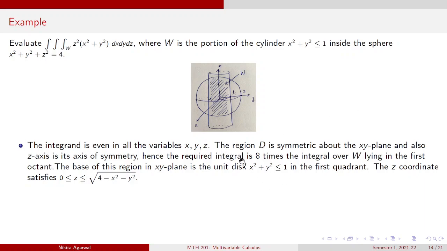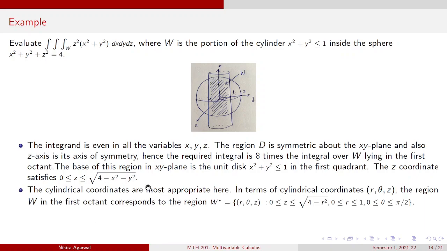Now, in the xy plane, what is the region? It's x square plus y square less than or equal to 1, right? And the z coordinate goes from this thing to this thing. Now the bottom part, what is z square? Equal to 4 minus x square minus y square, because you are on the sphere. So z goes from 0 to square root of 4 minus x square minus y square.